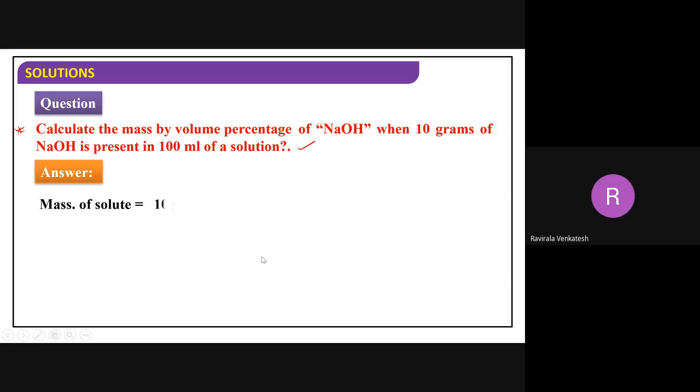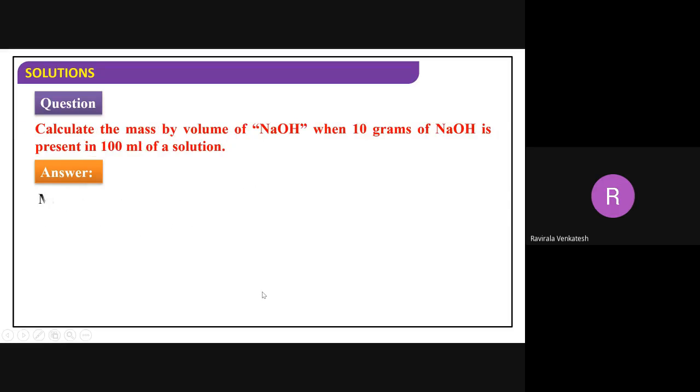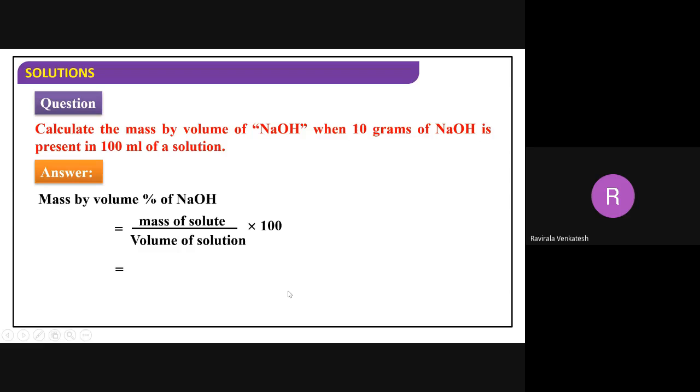Very simple only, no. Mass is 10. Volume is 100. Answer will be 10.